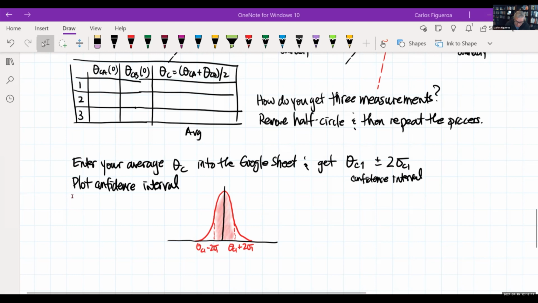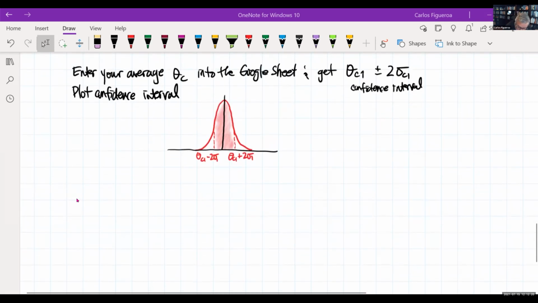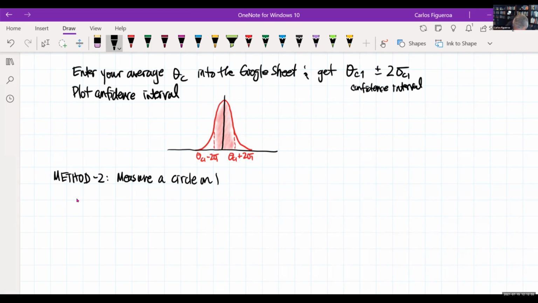Now, here's what you want to do here. We're going to create a second distribution for method 2. In method 2, you're going to measure a circle on the half sheet or half circle.